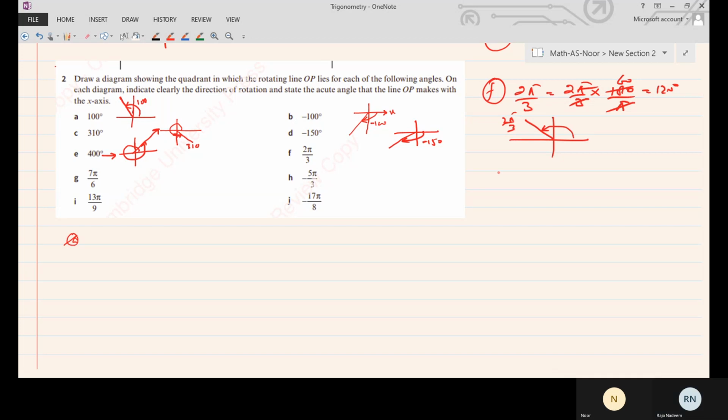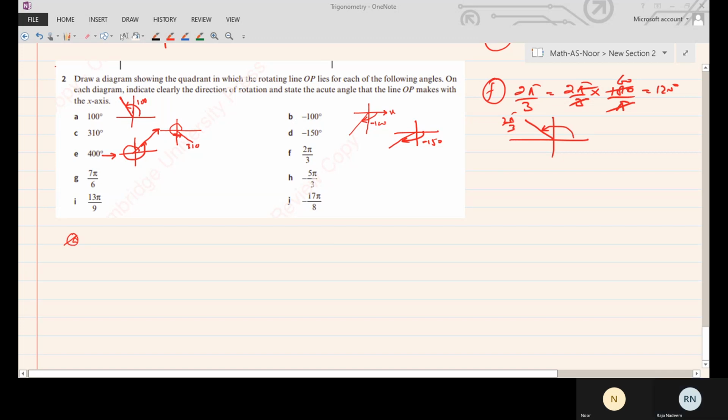right? G part. So if we change this into degrees, it would be 210 degrees.